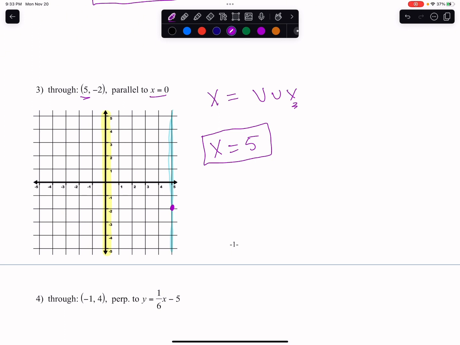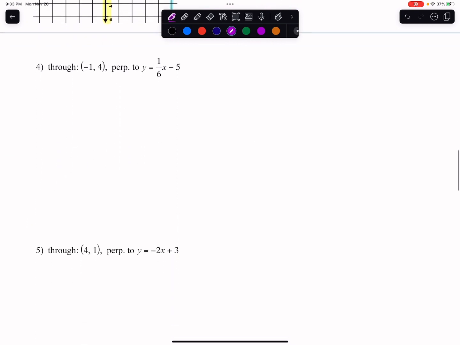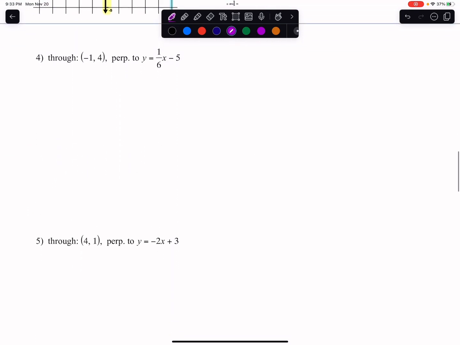All right. Next one. Now let's transition into perpendicular. Perpendicular means, remember, we're going to make a little note: opposite sign, reciprocal. So we're going to do the reciprocal of the fraction.